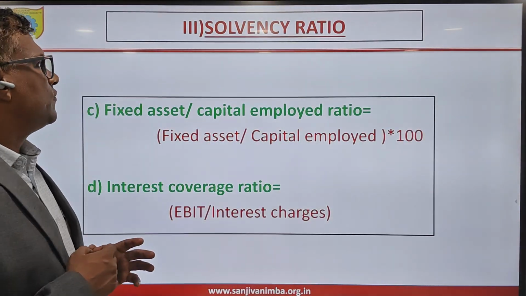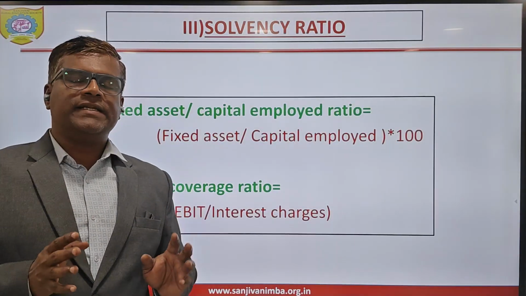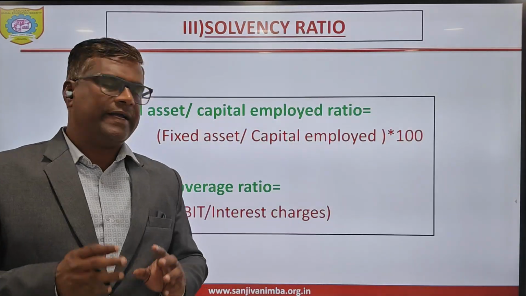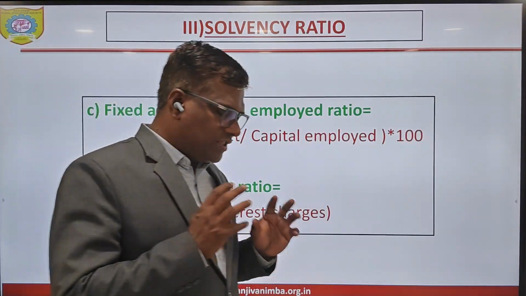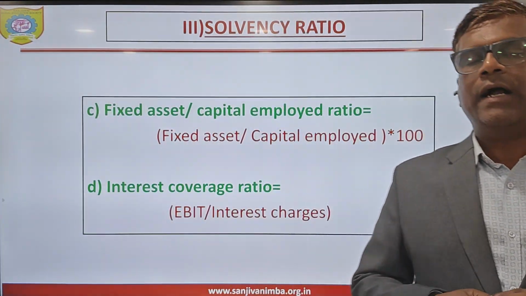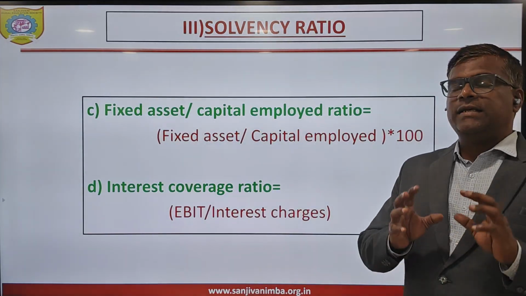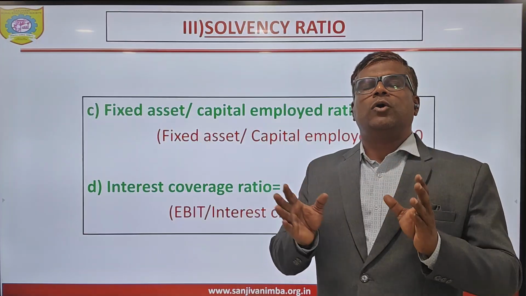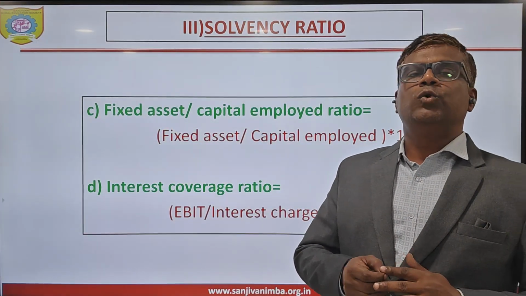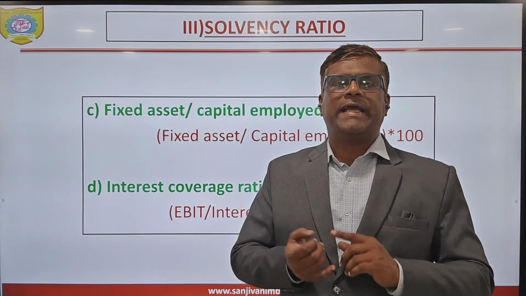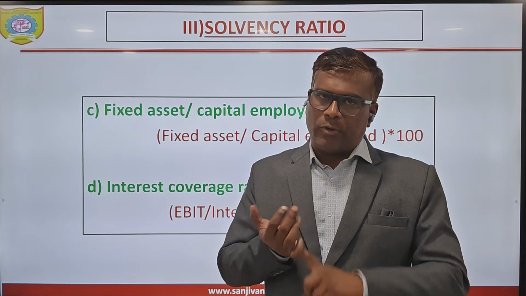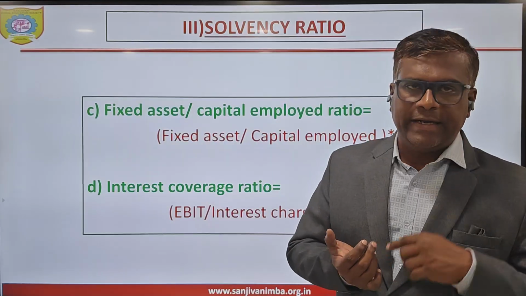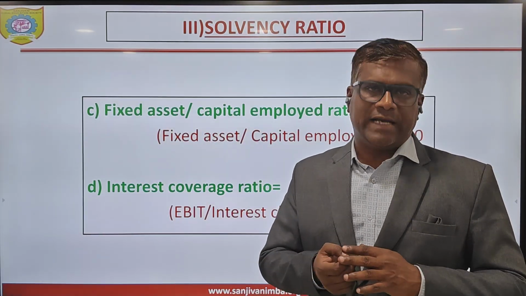The last solvency ratio is the interest coverage ratio. The formula is EBIT divided by interest charges. So this particular ratio will help in understanding whether the organization has sufficiency of profit in making payments of interest to the several debt providers like banks, debentures and bonds, because these are the entities who are claiming interest for the capital that they have provided.